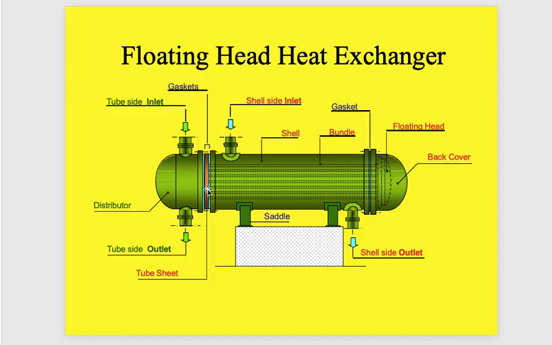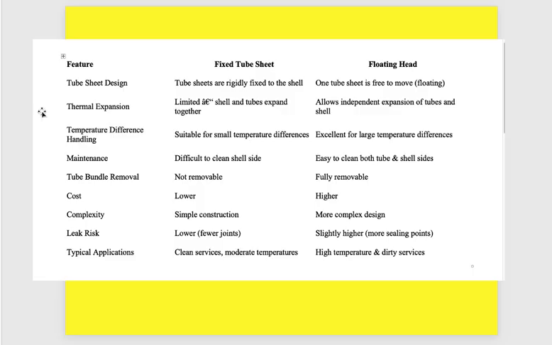One fixed and one here can be expanded a little bit, if you remark. For the thermal expansion, you can get the conclusion. Here it is limited, shell and the tube expand together. Here it allows the expansion because we have the floating head free in the right side.